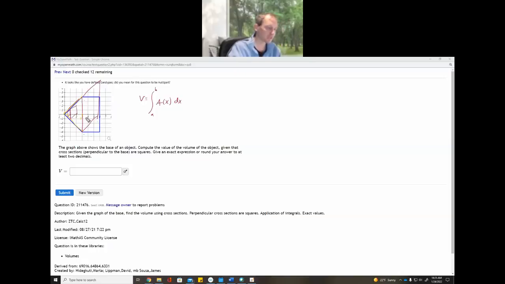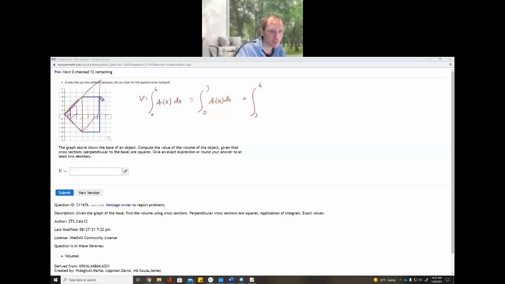From 3 to 6, the area is the same. So I'm going to break this up into two different integrals: the integral from 0 to 3 and the integral from 3 to 6.